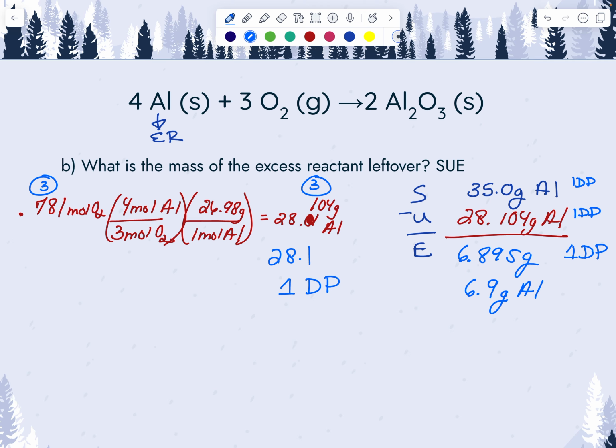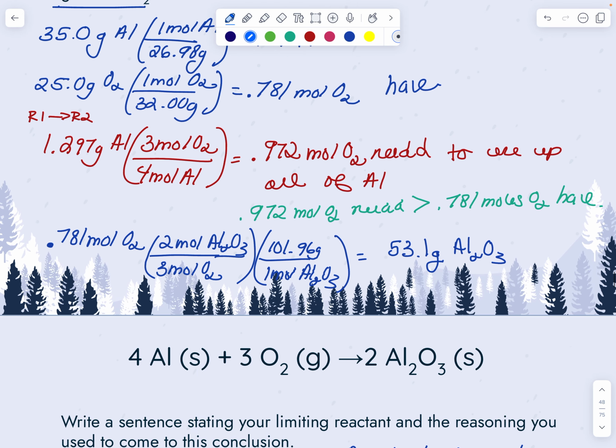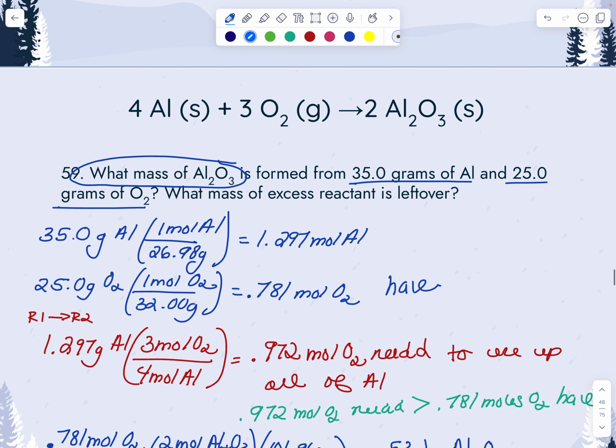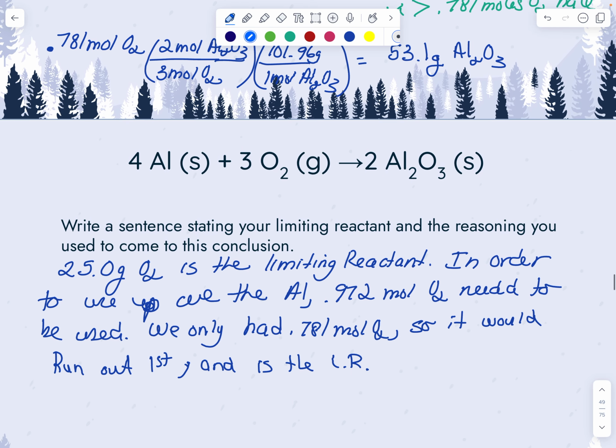Okay. If I look back at this problem, right, what did I start with? I started with 35 grams and 25 grams. So I started with 60 grams of material total.